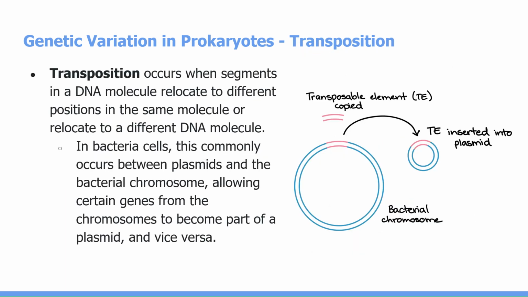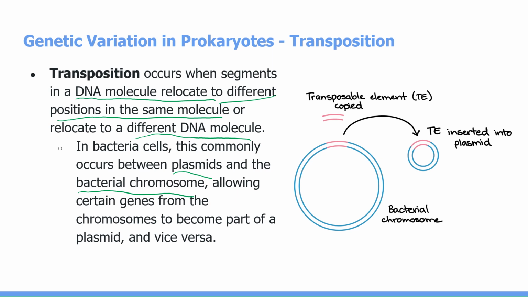The fourth one is transposition. Transposition occurs when segments in a DNA molecule relocate to different positions in the same molecule or relocate to a different DNA molecule. In bacterial cells, this commonly occurs between plasmids and the bacterial chromosome, allowing certain genes from the chromosome to become part of the plasmid and vice versa.